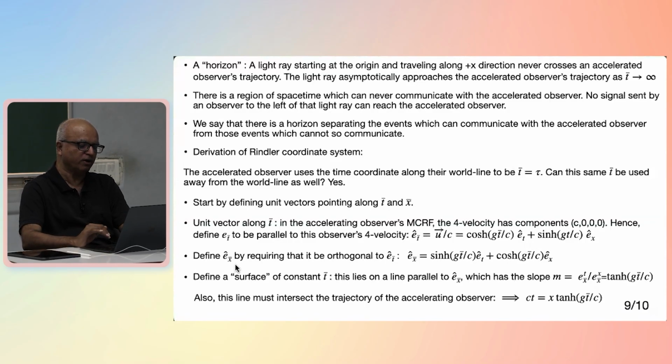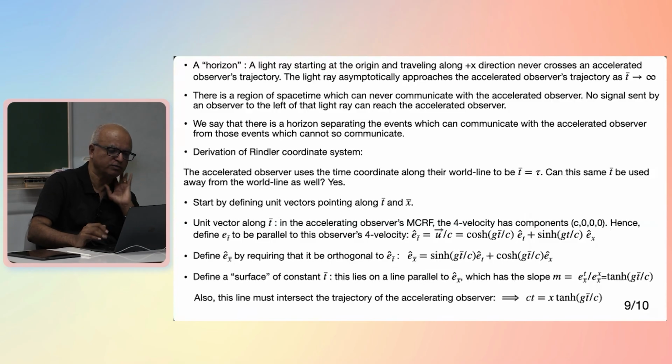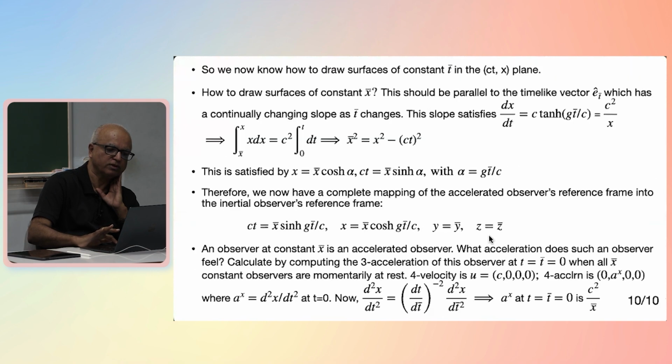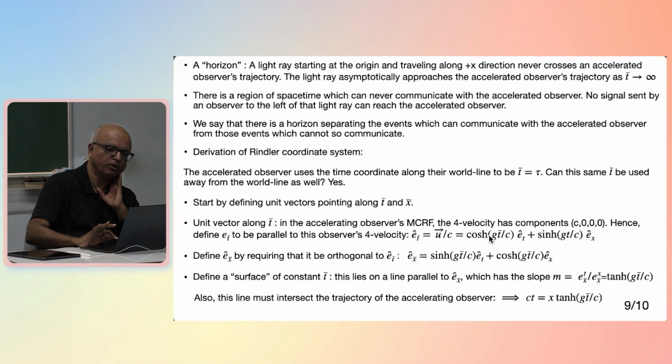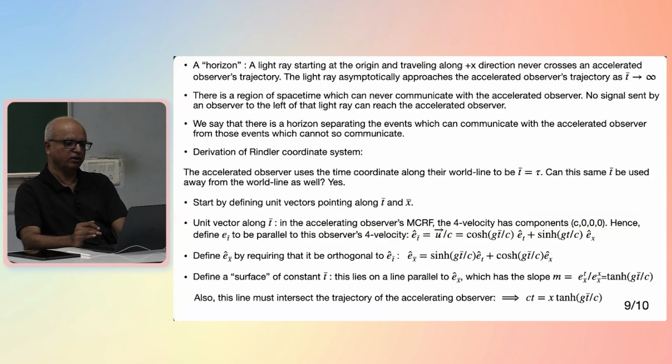Define E x bar, the unit vector along the x bar direction, to be orthogonal to the unit vector along t bar. Just make sure that the product E t bar dot E x bar should vanish.